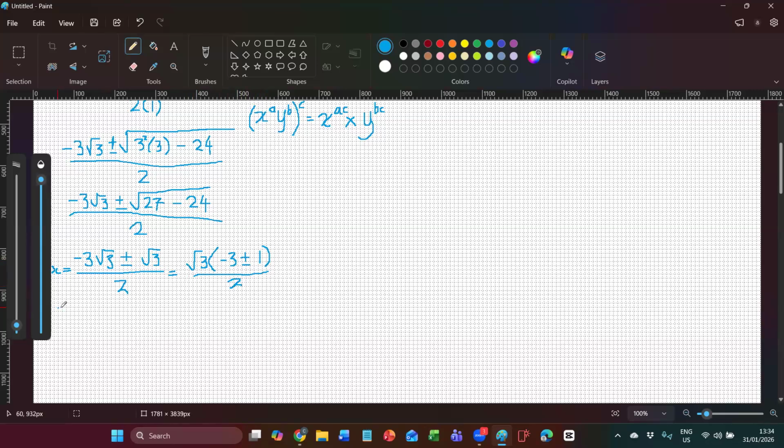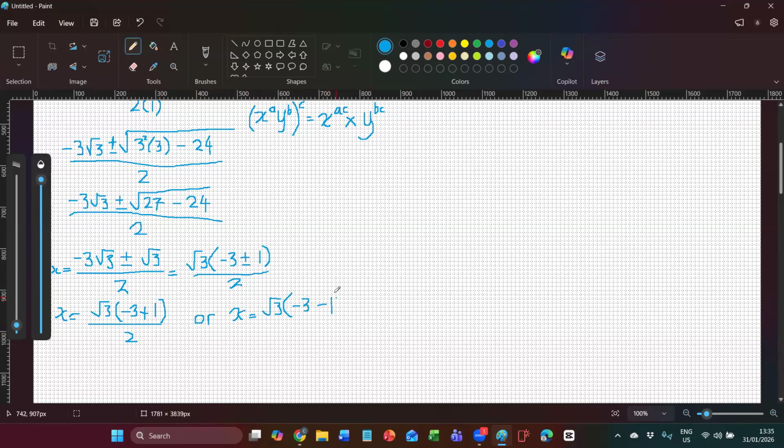Now, so the two values for x are either x equals root 3 into bracket minus 3 plus 1 over 2, or x equals root 3 into bracket minus 3 minus 1.